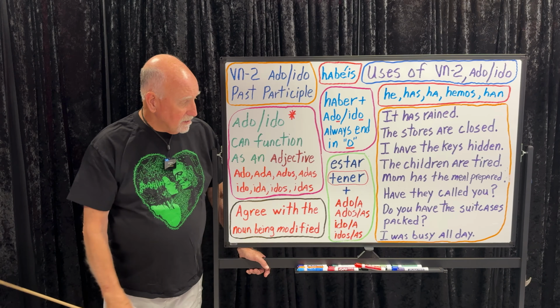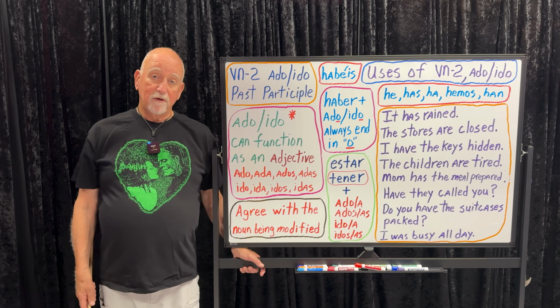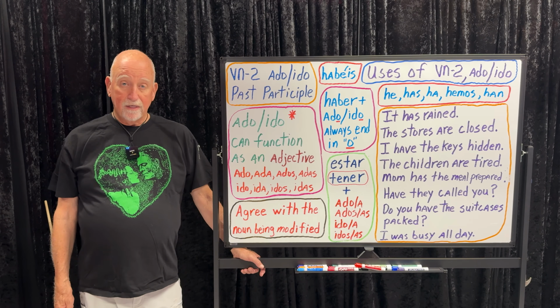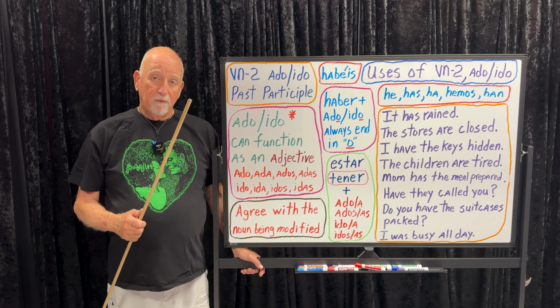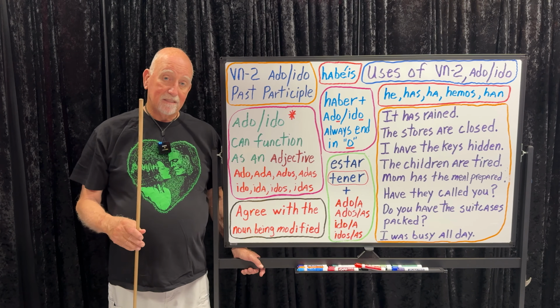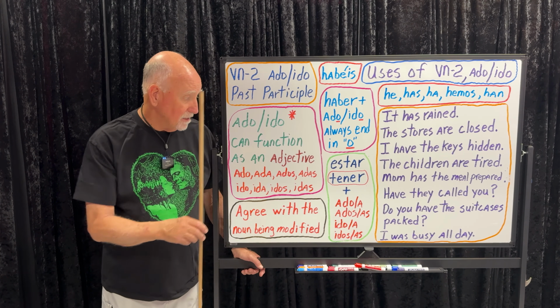Do you have the suitcases packed? Tienes las maletas. Now, the past participle for hacer is hecho, H-E-C-H-O. So we have hecho, but we got to make it agree with las maletas. So it's going to be tienes las maletas hechas?